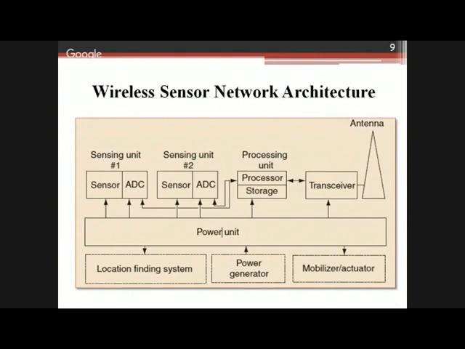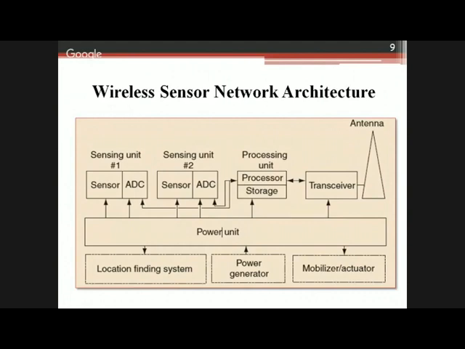It depends upon what area you are deploying the nodes in, and what kind of physical variations you want to sense. According to that, particular sensors are taken into account. I've already given examples like barometers for pressure measuring, thermometers for temperature. So the sensors are doing their sensing tasks.